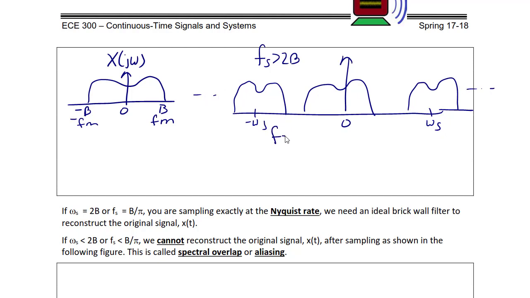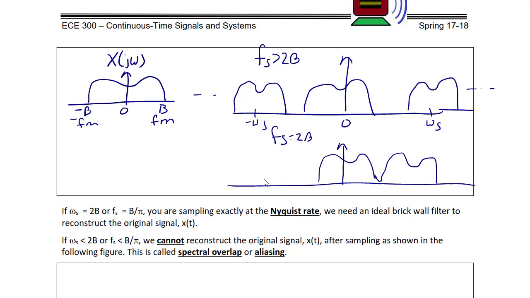If you sample at exactly the Nyquist rate, your sampled signal will look like the following. And so on. So once again, this is 0, omega s, and negative omega s.